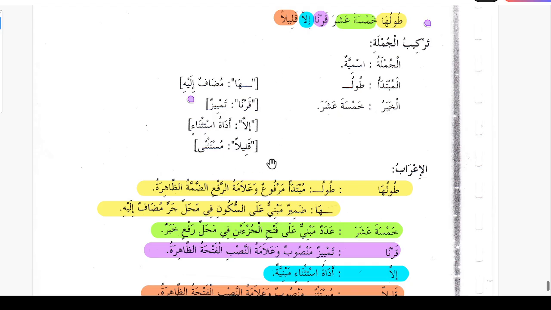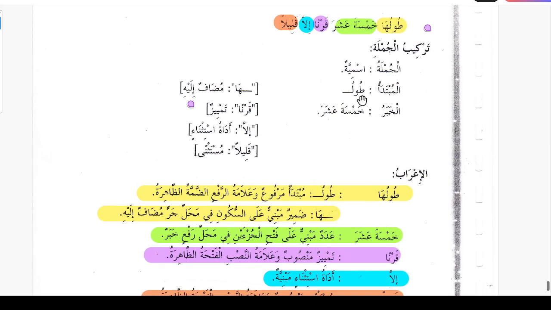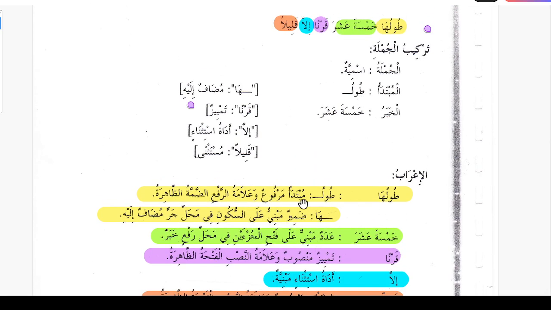Qalilan is mustasna. So in tuluha, tulu is mubtada marfoon wa lamatu rafi ad-dammatu zahira, has a damma, and then it's mudaf, and ha is damirun mabniun ala sukuni fi mahalli jarrin mudaf alayhi, and khamsata ashara is the number. Adadun mabniun ala al-fathi juz'aini fi mahalli rafin khabar, and this number is mabni ala al-fathi juz'aini, of 2 parts in place of rafa, because this is coming as a khabar.